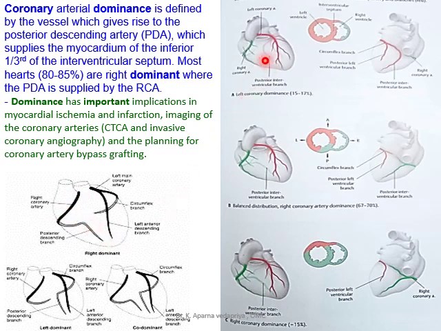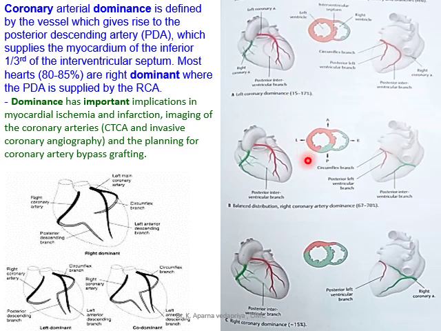If the posterior interventricular artery is the continuation of the circumflex artery, which in turn is a branch of the left coronary artery, then that coronary circulation is defined as left coronary dominance, which is seen in about 15 to 17% of cases, wherein you can see most of the myocardium is supplied by the left coronary artery.